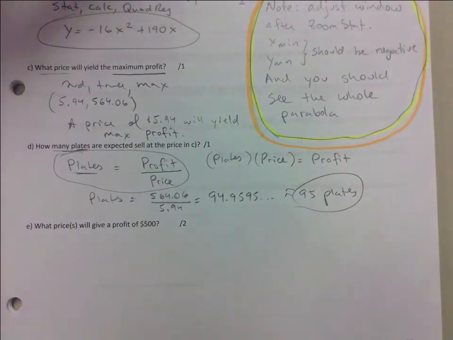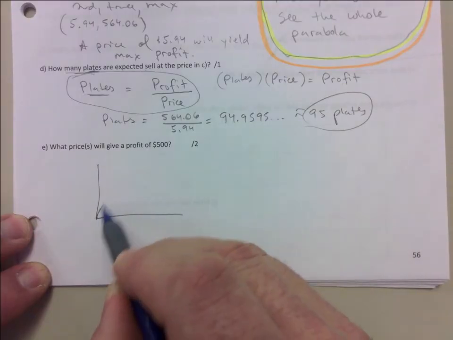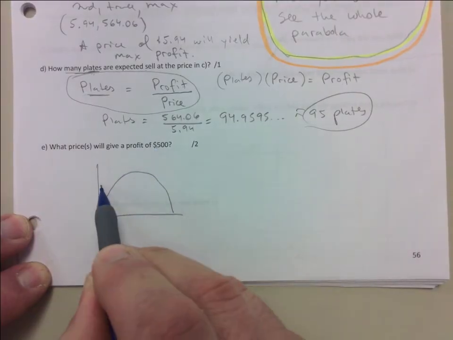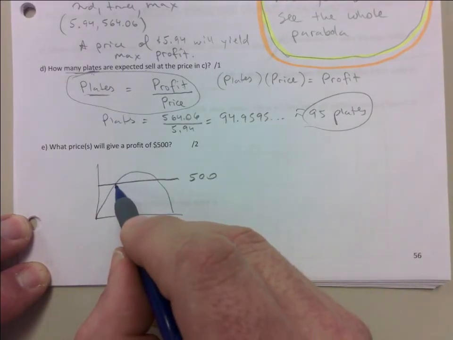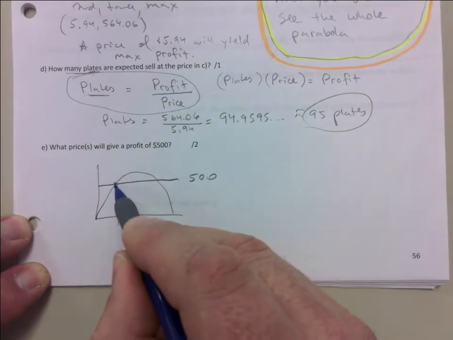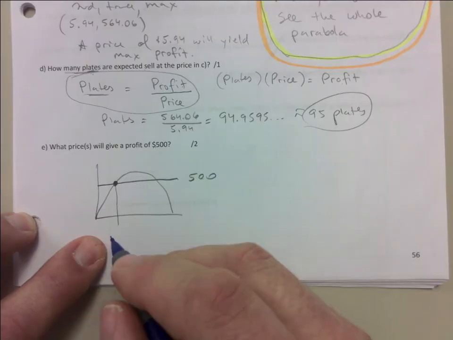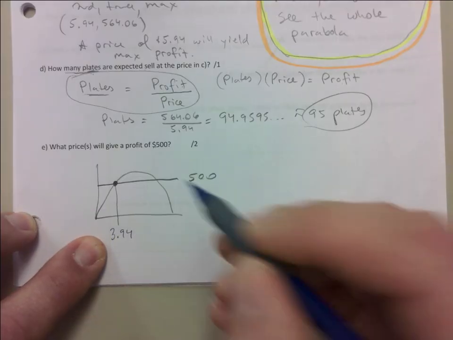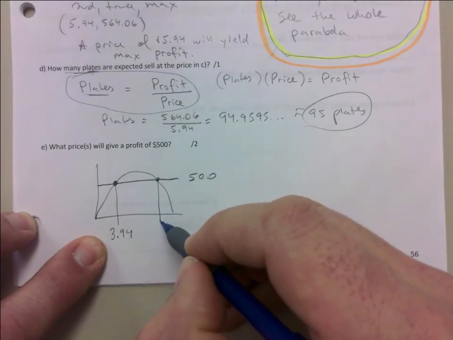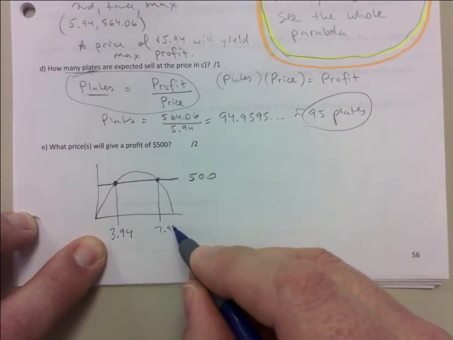For E, I'm just going to give you the answer. If you did it already, it's basically 500 is somewhere here. This is the 500 mark. And so there's a price that you can charge on the cheap end, which is 394, and there's a price you can charge on the higher end, which is 794.